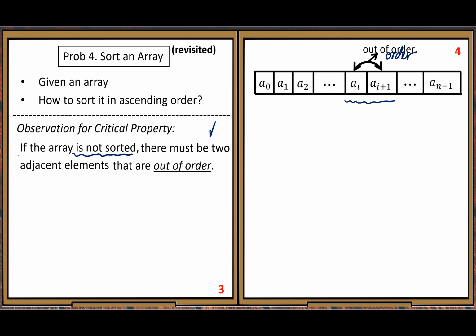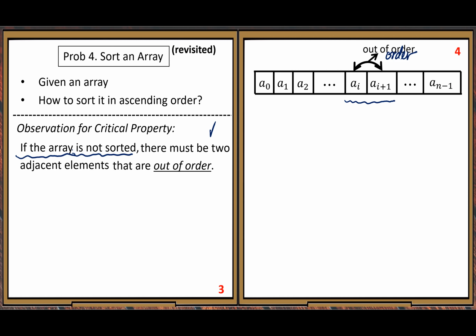But here we have the assumption that the array is not sorted. That means your claim is false, the claim that any pair of adjacent elements are in order. If that is false, then there must be one pair of adjacent elements that are out of order.